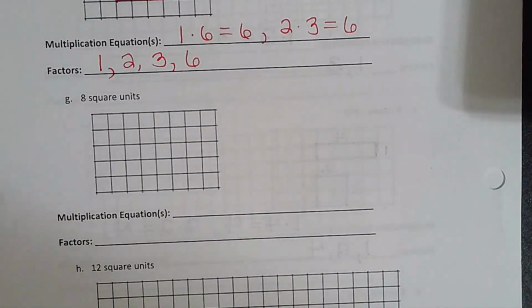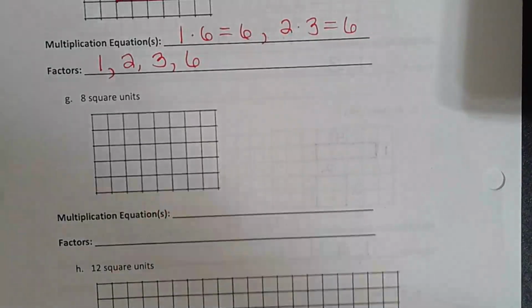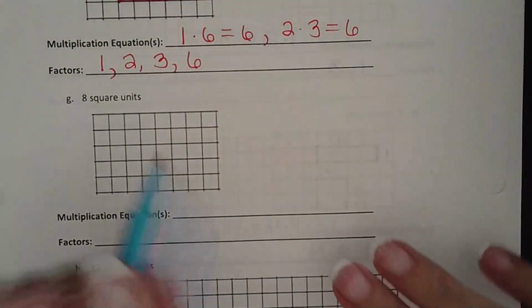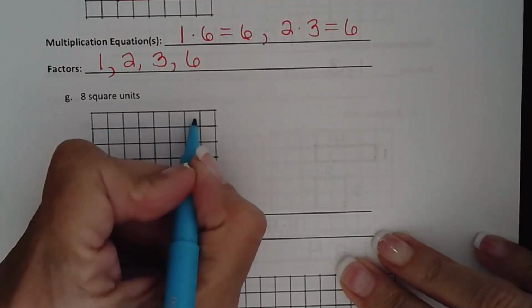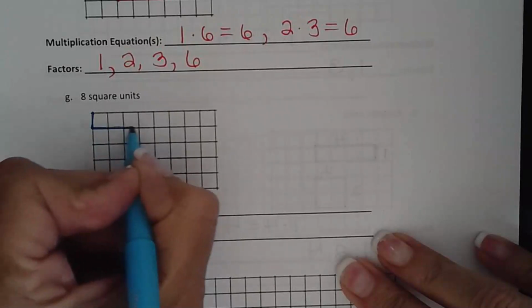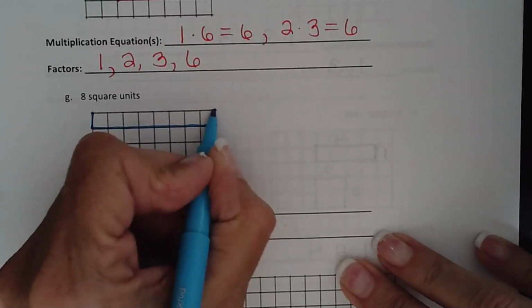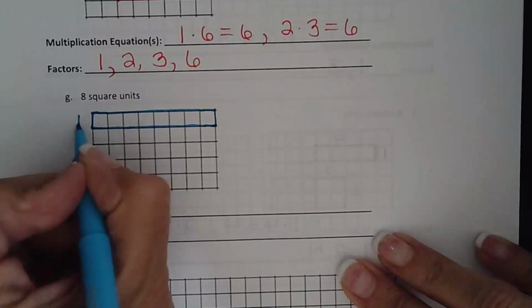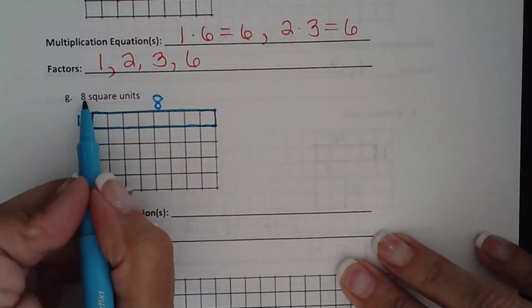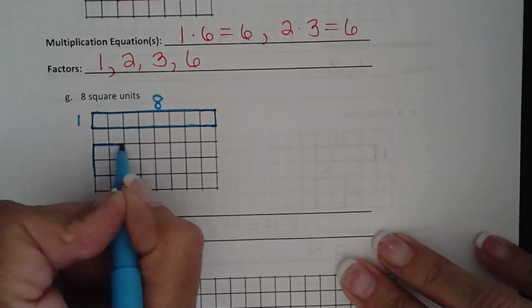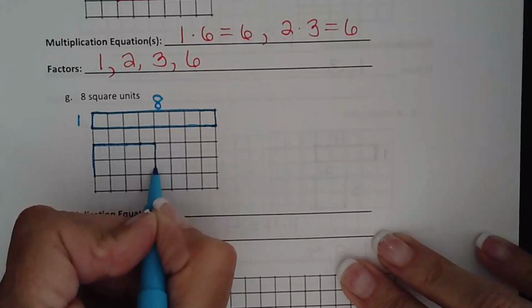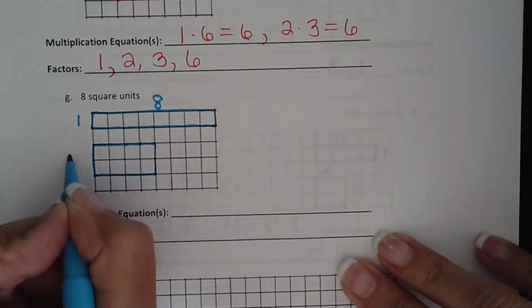Okay, one more, then it's up to you guys. So 8 square units. So we can count 1, 2, 3, 4, 5, 6, 7, 8. So we can start with the obvious one, 1 times 8. And then 2 goes into 8, 2 times 4. 1, 2, 3, 4. Nothing else goes into 8.